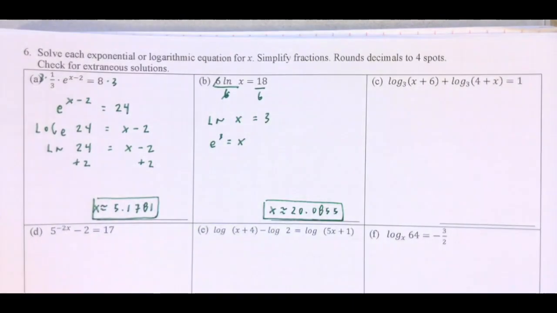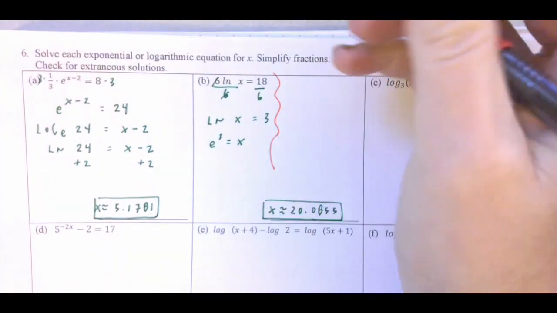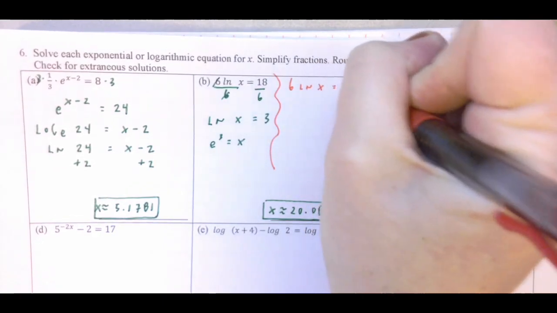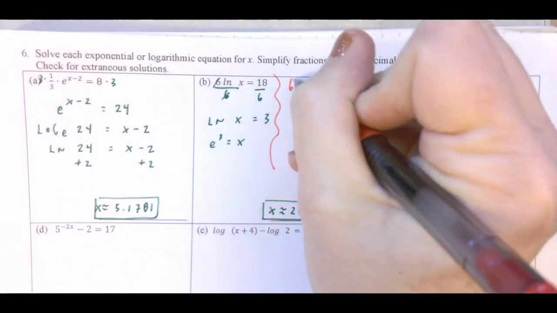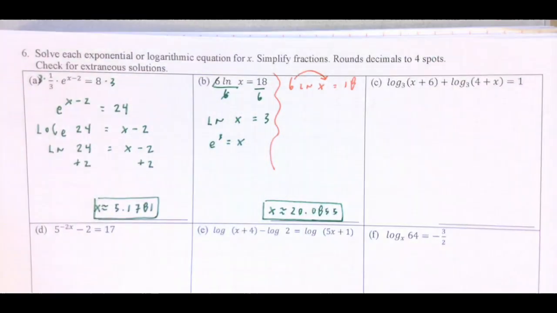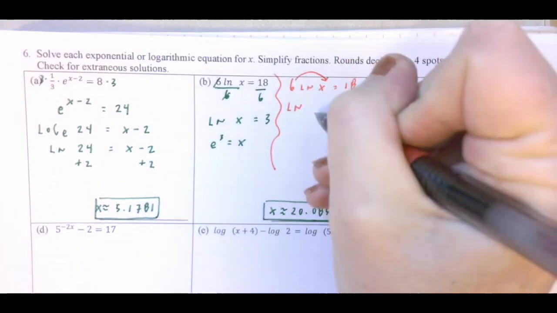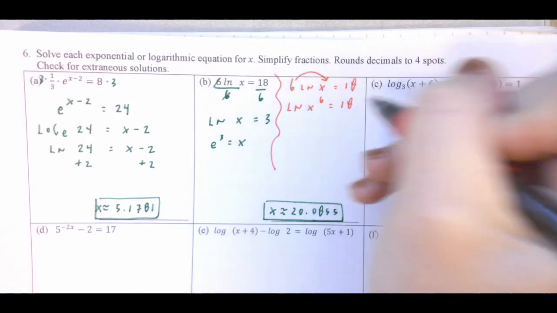Okay, but maybe you saw this one a little differently. Let me show you an alternate pathway. Maybe you thought, I should first move the 6 into the exponent position. No problem. Then you would have natural log of x to the 6th power equals 18.